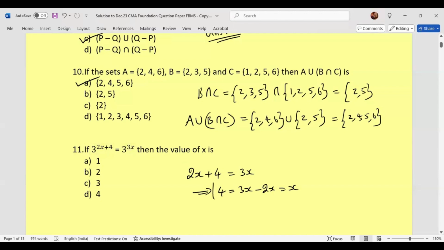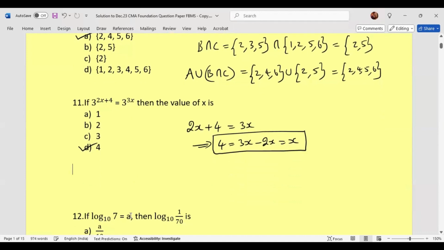So the x value is 4. So option is D. Let us verify. 4 into 2 is 8. 8 plus 4 is 12. Here 3 into 4 is 12. So it is verified also.